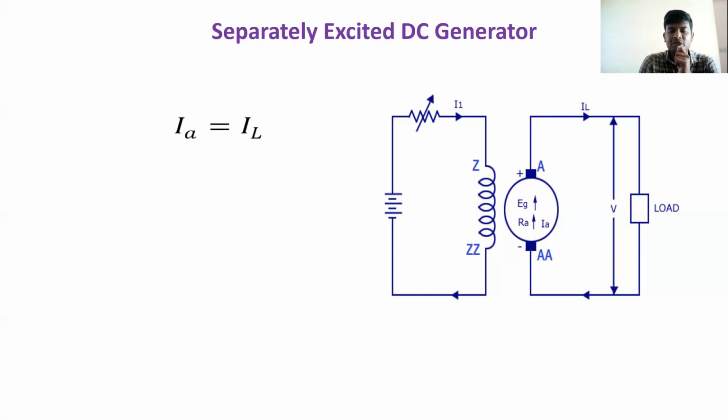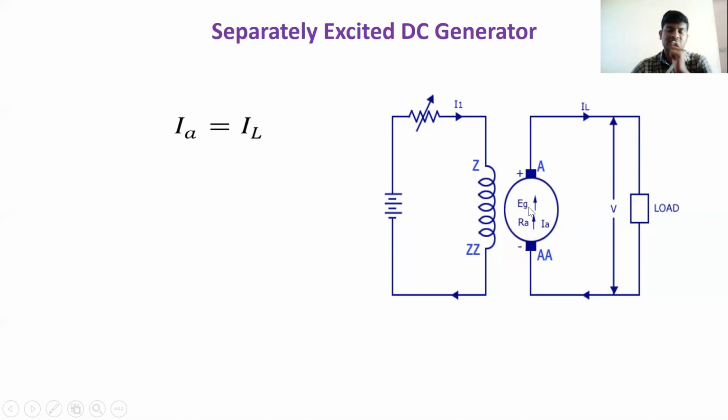Now let us apply KVL to this loop. The algebraic sum of all voltage drops in the loop is equal to 0. Here we have one drop, the armature drop IA into RA, the internal armature resistance.